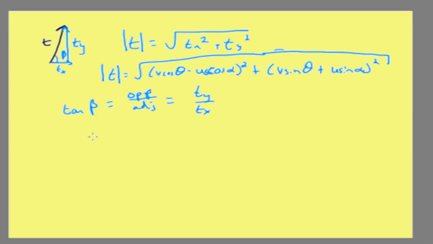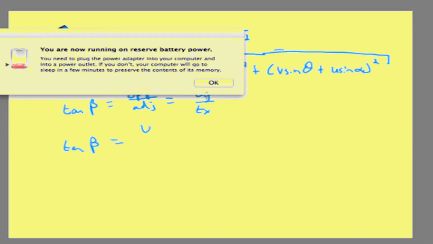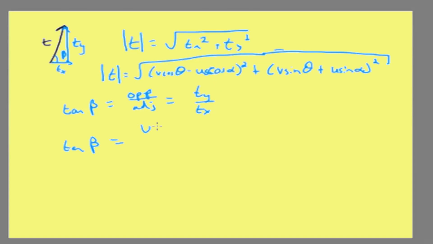So tangent beta equals v sine theta plus u sine alpha all over v cosine theta minus u cosine alpha.